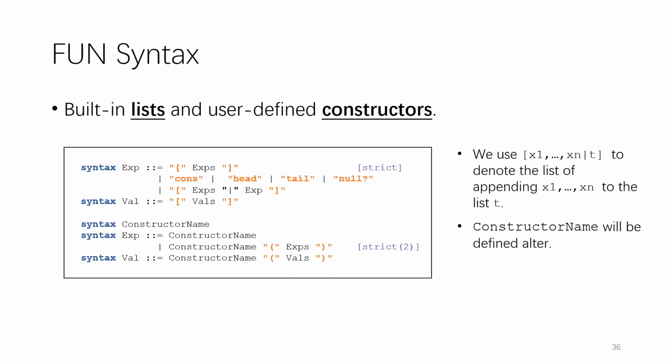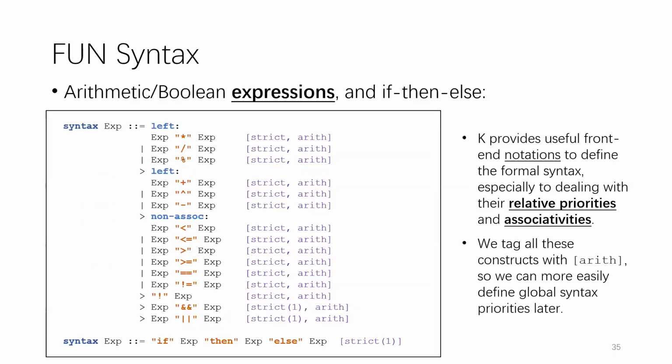Right, since you mentioned priorities, can I go back a bit? Yes. The general mechanism under the hood is to set priorities and precedences between various syntactic productions. And this notation, where you can have a group of productions larger than another group of productions, larger than another group, is very convenient.